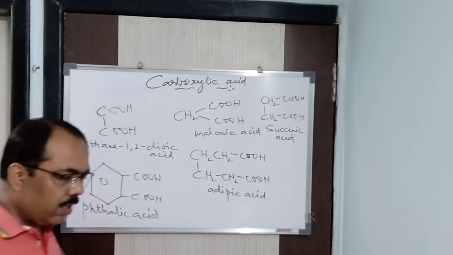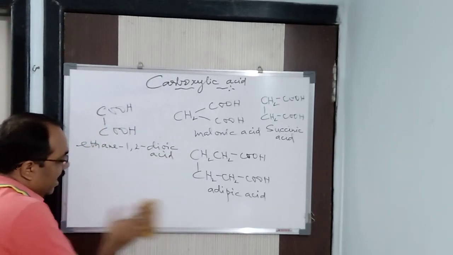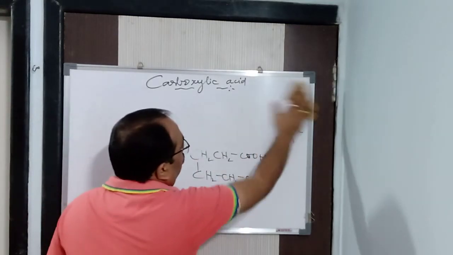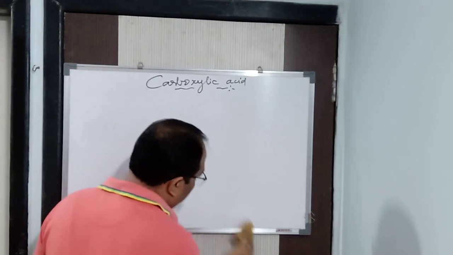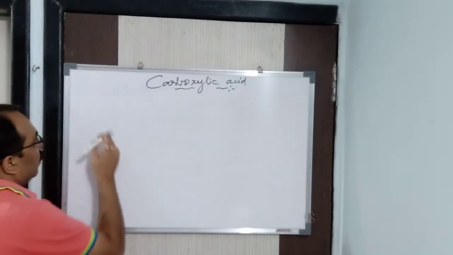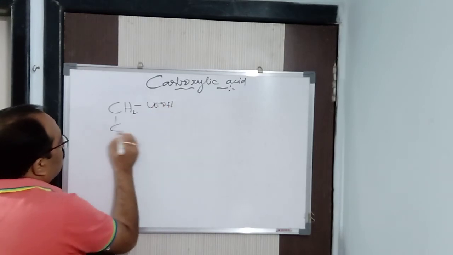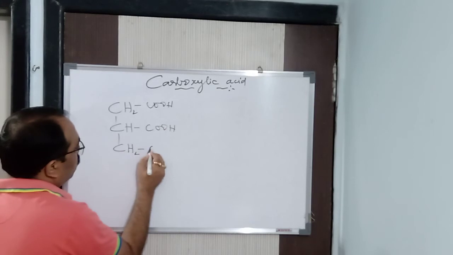Clear? So in this way, this is about dicarboxylic acid, having COOH twice. Now we will come to tricarboxylic acid, having 3 COOH groups present in it. Now see here, CH2COOH, similarly CHCOOH, similarly CH2COOH.